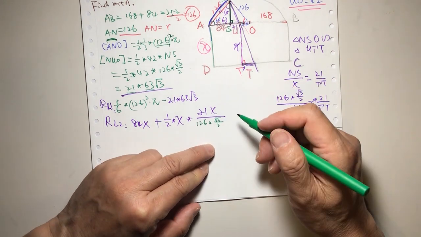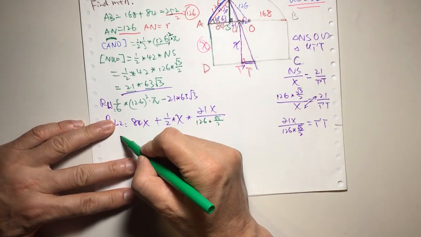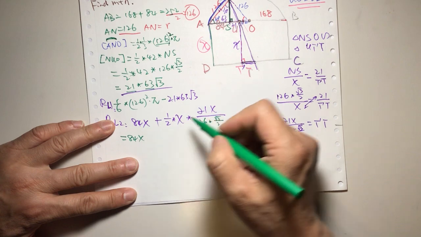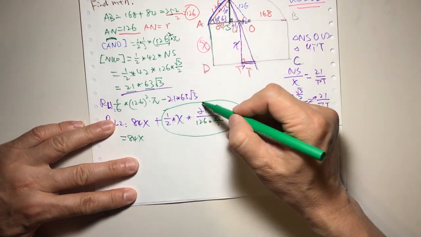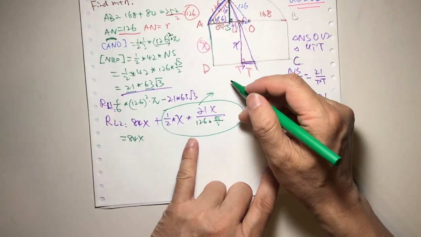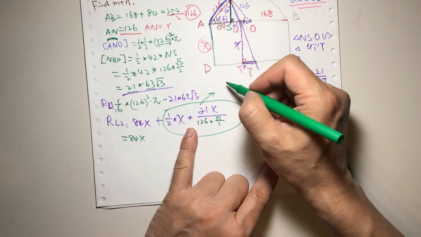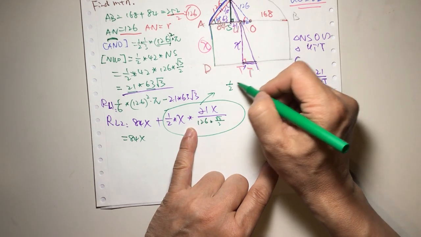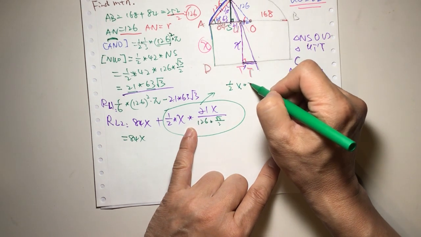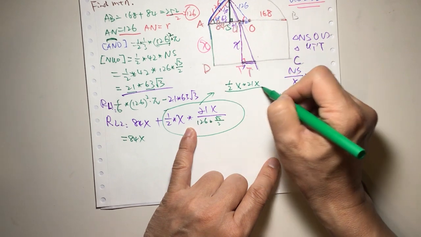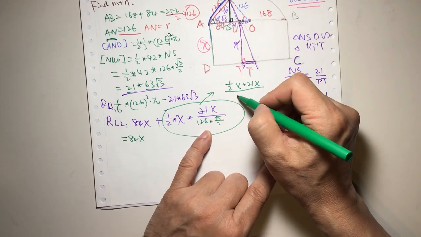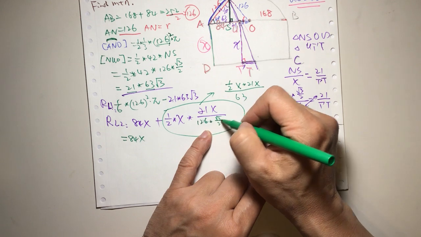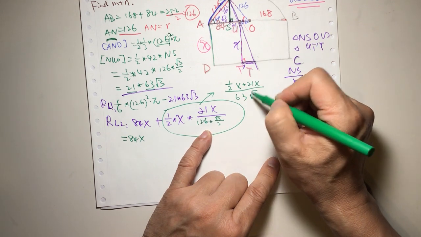Okay. We can simplify this one, 84x, and this part is how much? 1/2 x times 21x over 63 square root of 3.